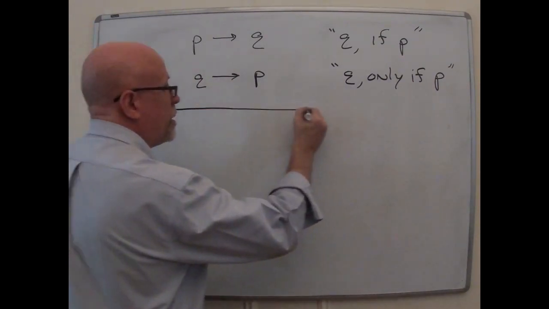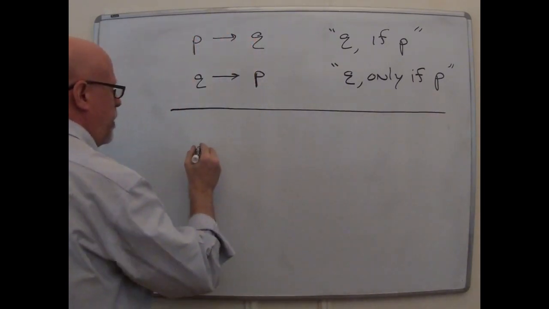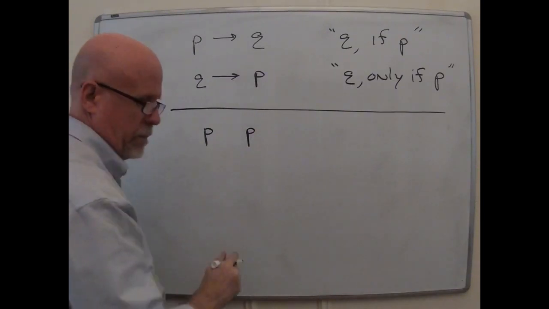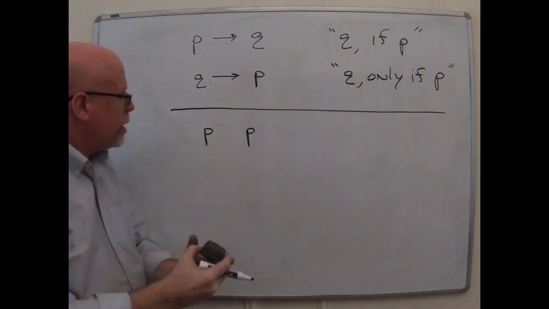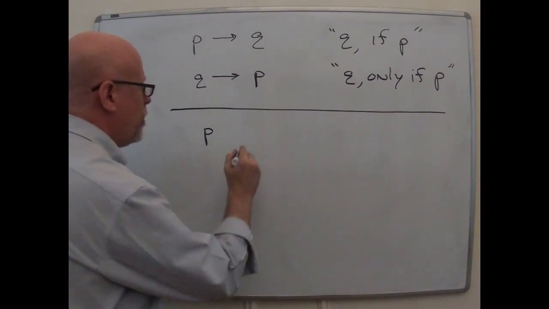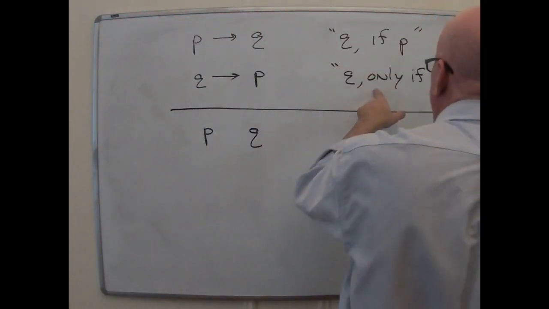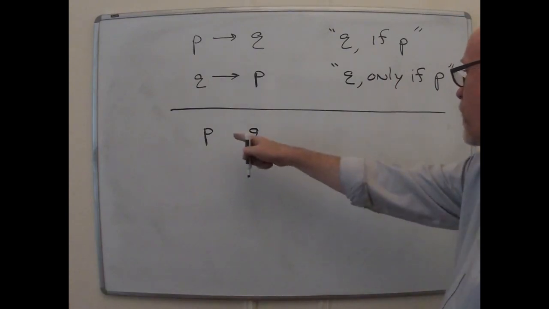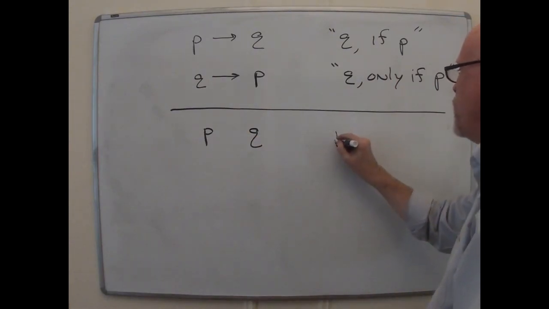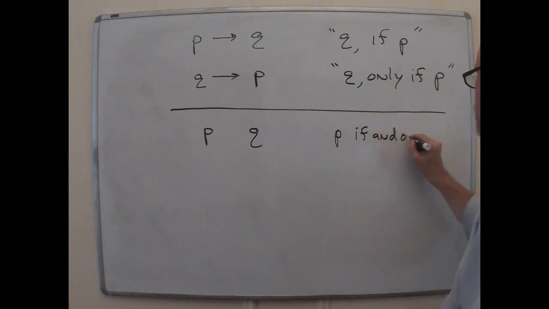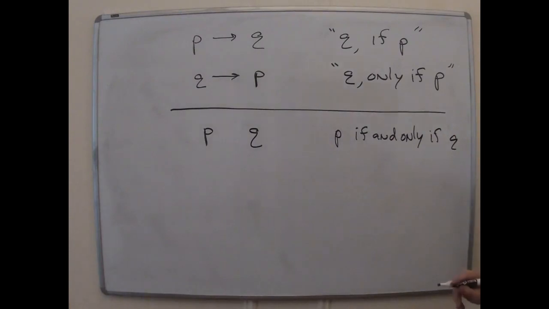So I'm going to change the order around, but you have a symbol that goes between two things where you mean Q if P and only if P. Well, since I'm writing it as P, Q, I'm going to say P if and only if Q. You've run into that phrase before, right?